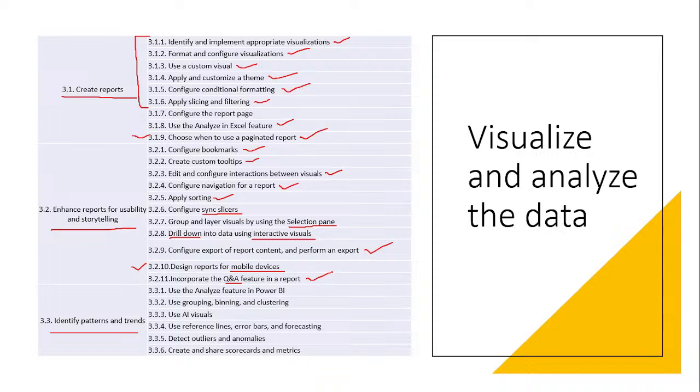Whatever prompt you write in the QA feature, it will give you a simple output, and the visualizations related to it. Like, what were the sales last year? It will give you the visualizations and the data related to the sales available for last year.